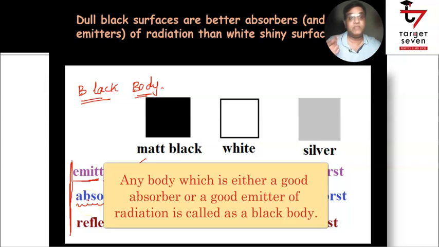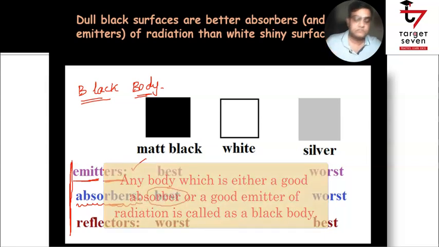At the same time, the sun can also be considered as a black body, not because it is a good absorber, but because it is a good emitter. I hope you understood the difference here between an absorber and an emitter. Whether the body is a good absorber or a good emitter, that particular body can be considered as a black body.